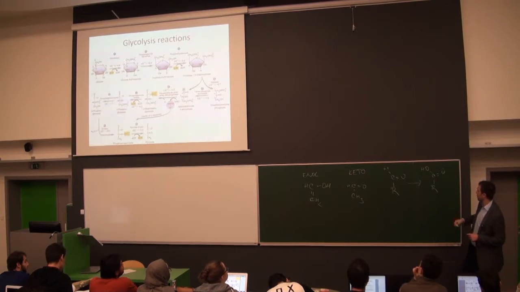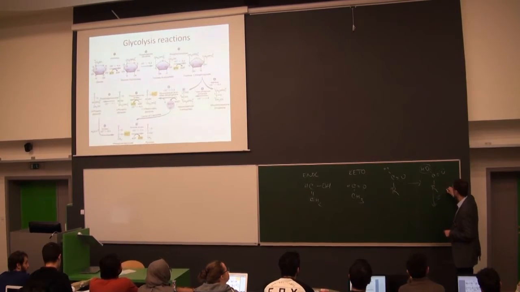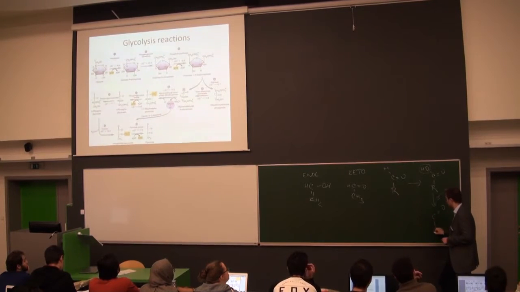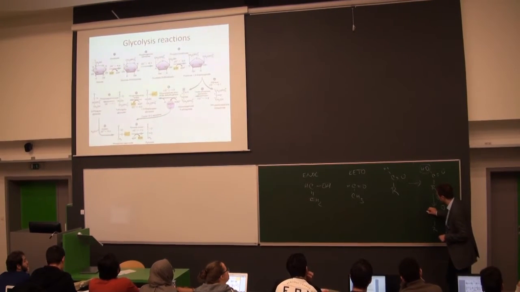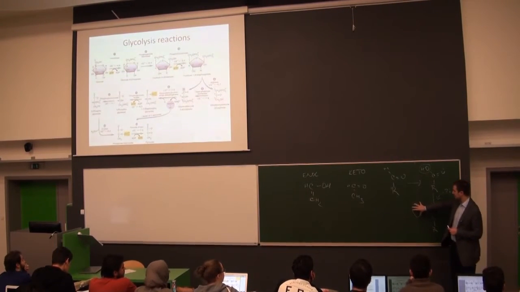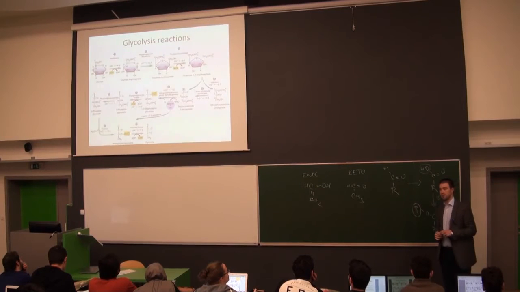And then you take this group and you let it react in the subsequent reaction with the inorganic phosphate. And therefore, you see there the ester bond. Sorry, not ester bond, but anhydride bond. Since you have one acid, an inorganic acid, and one organic acid joining together, you have the anhydride bond.